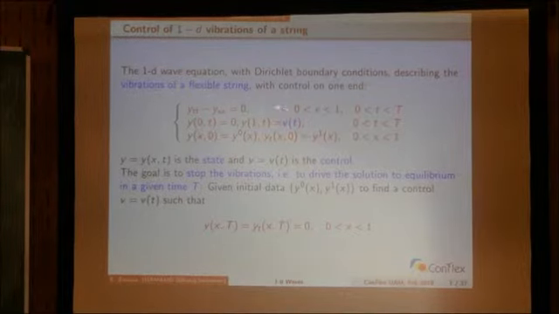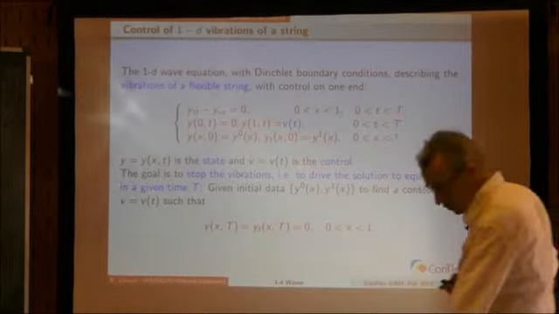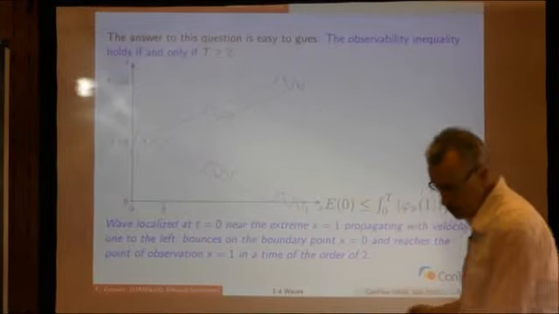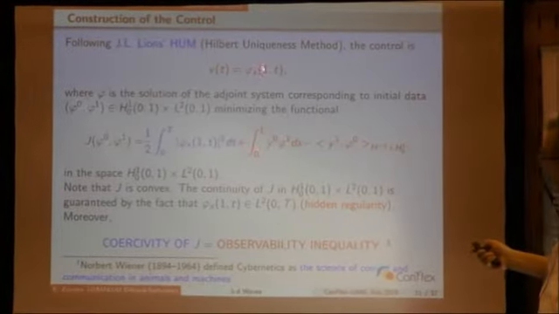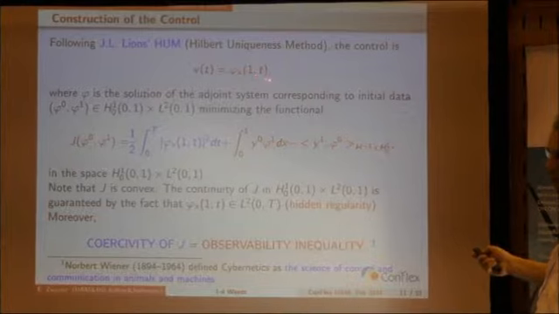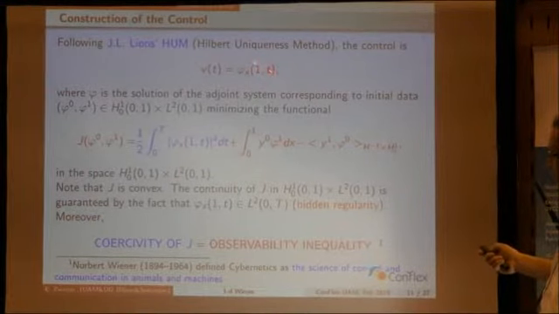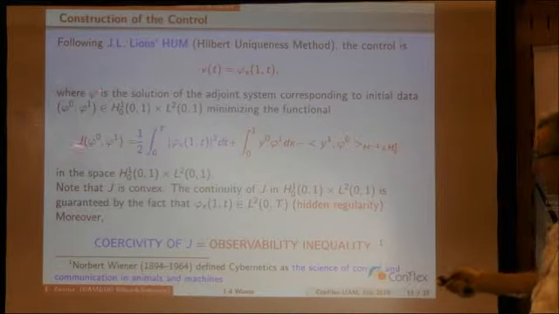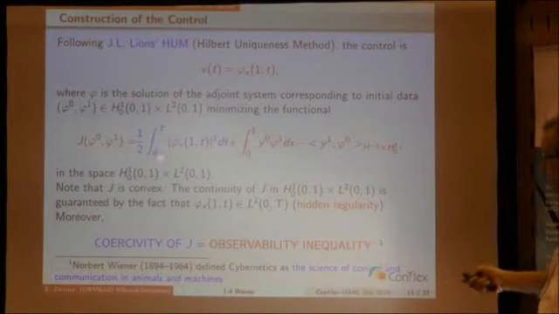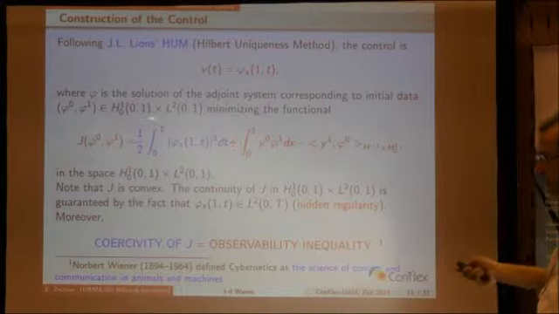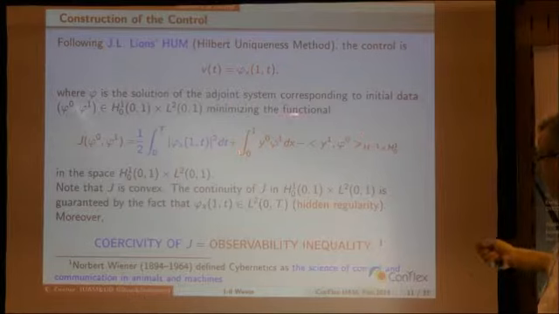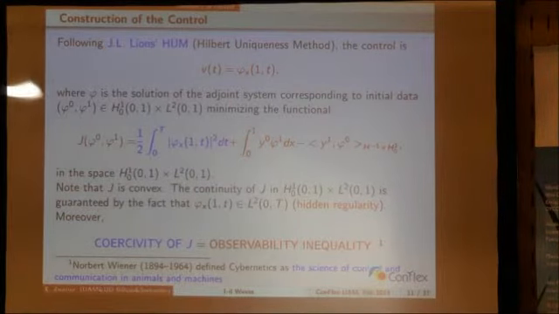I take a v, right? And this v is going to be the normal derivative of the solution of the adjoint wave equation, where this adjoint wave equation is computed by taking the specific initial data that correspond to the minimization of this functional, in which I'm taking the quadratic part, the observability quadratic form, and here in the linear part, the initial data to be controllable.